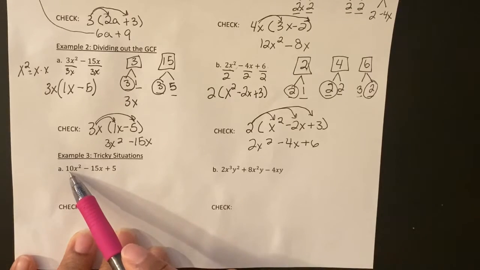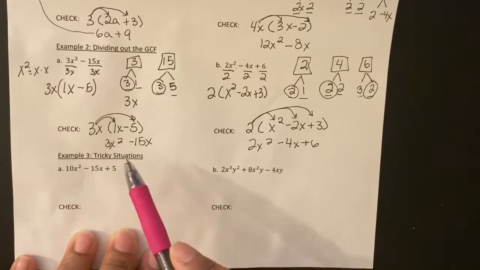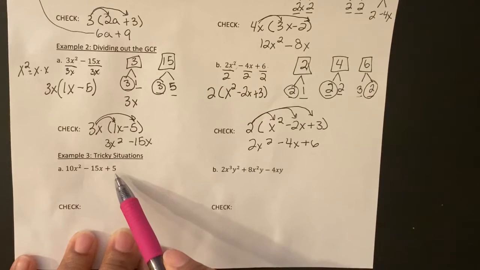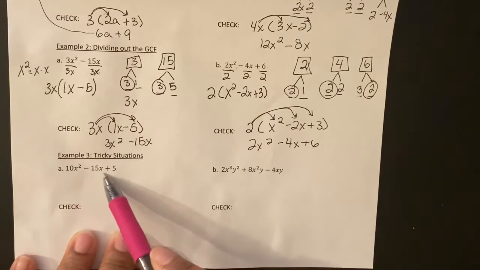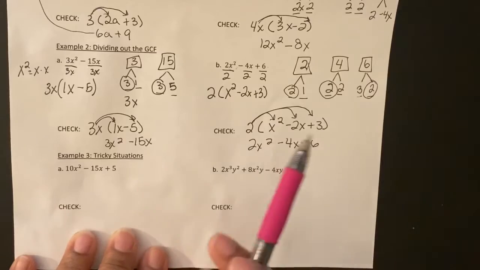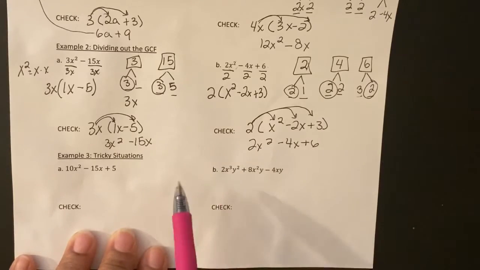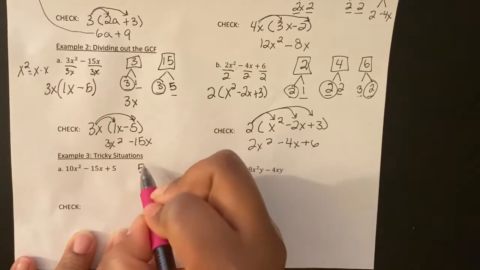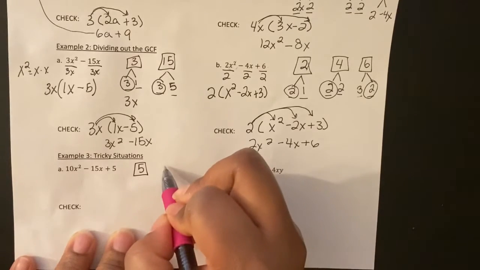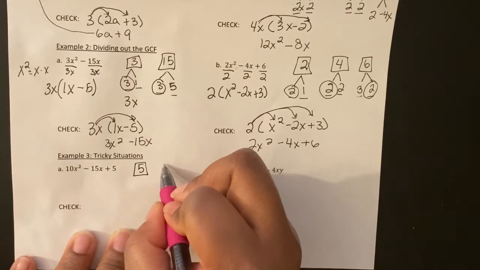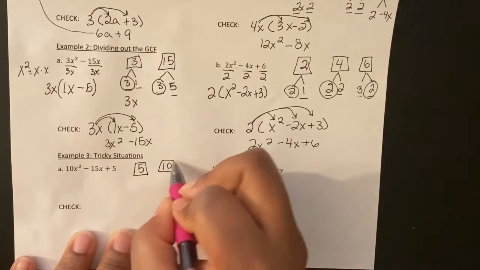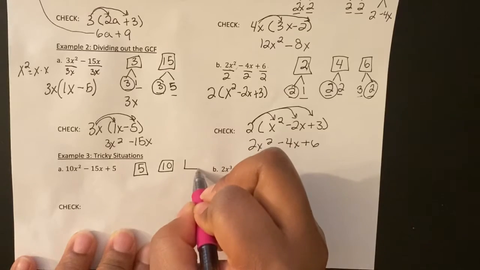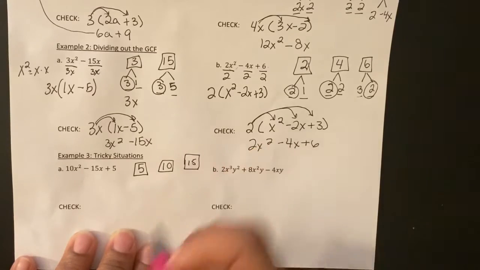So usually it would be 5x squared minus 10x plus 15 or minus 15. But here the numbers descend, which is okay. It's all the same. So we still have to find the prime factorization of 5, 10, and 15.